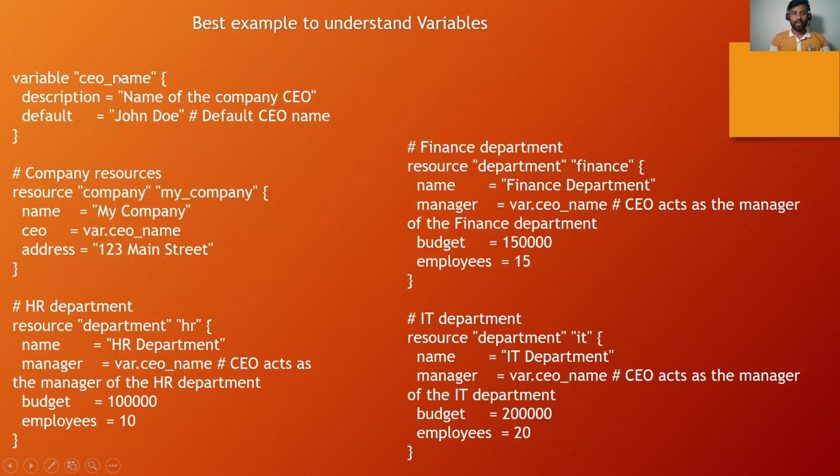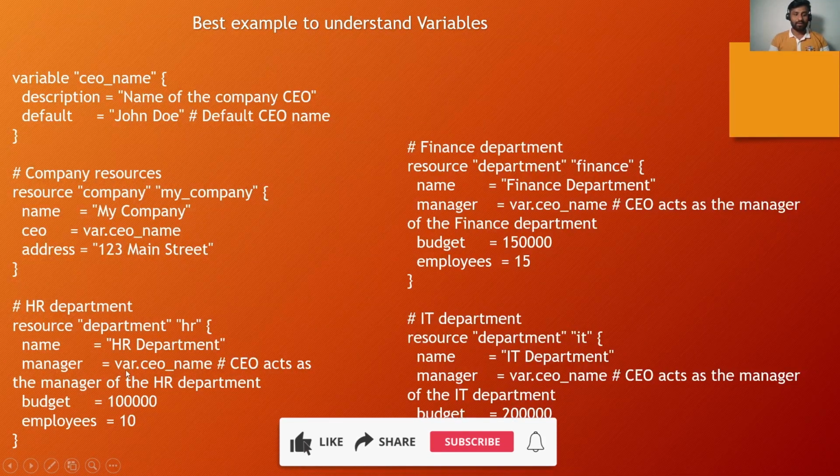In this variable, the default value is John Doe, right? So if this company, my company, is going to change the CEO name, then they have to change John Doe here only. Then the default value will take this ceo_name variable. Then the address is this. Then the HR department, HR name, HR department manager, var.ceo_name.